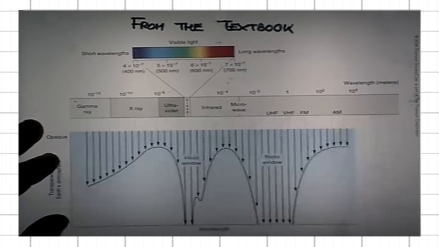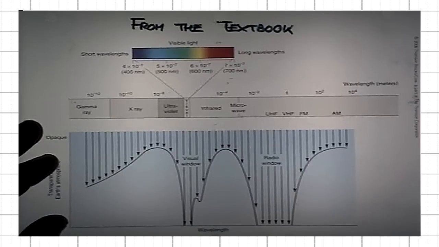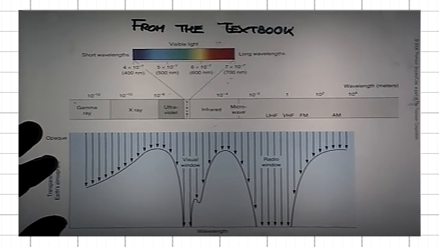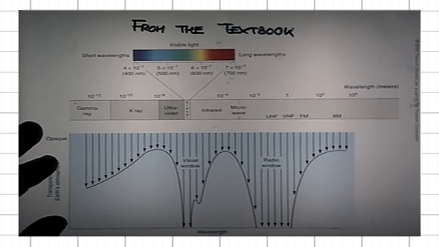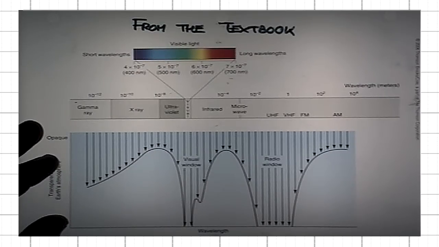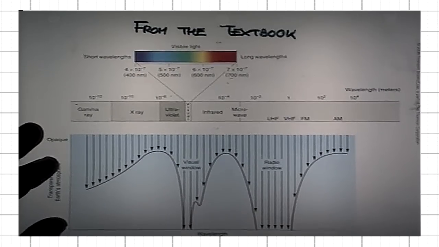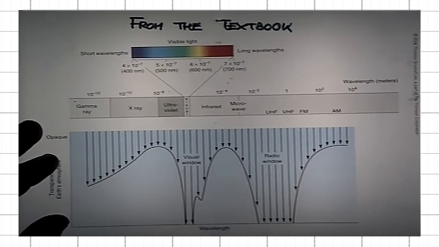But they're all just different parts of one and the same thing, and that is the electromagnetic field. The only difference between different parts is the value of the wavelength. That determines whether it's visible light or microwave or UV or gamma rays and so on.